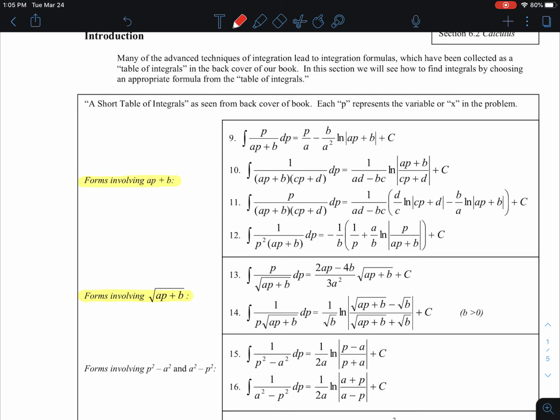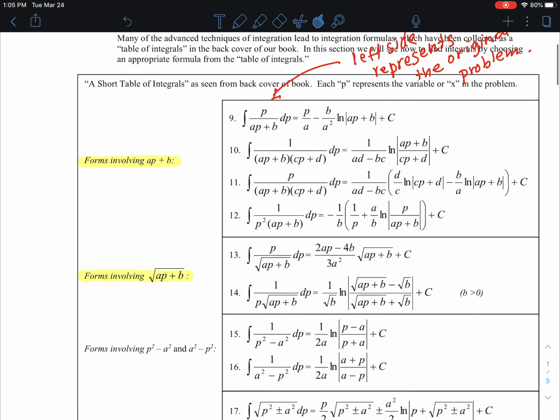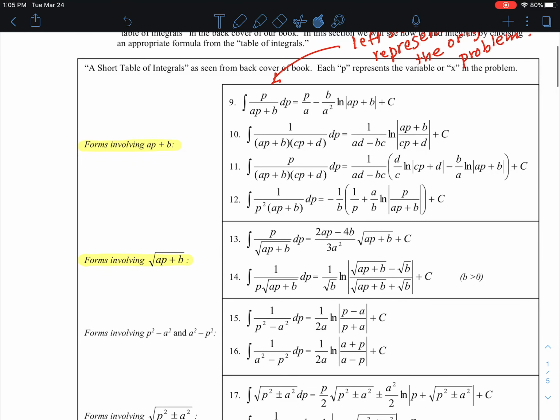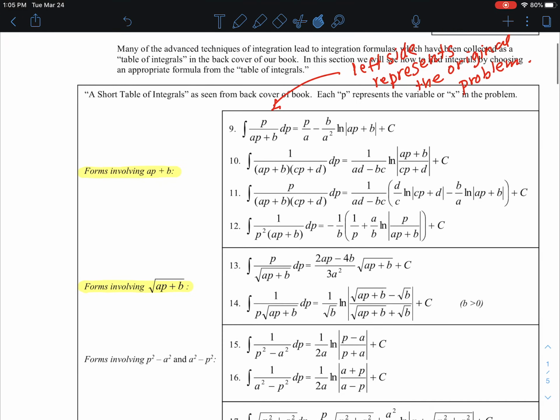Now, I think this is the first thing that we should definitely take note of here, and that is whatever is on the left side of the equation represents the original problem. So when you're given an integration problem, you're going to look through this list of formulas and try to pick out a formula number where the left side of the formula matches the format of your original problem.